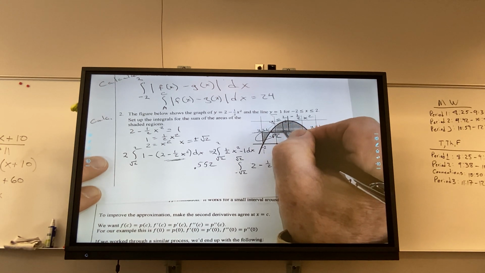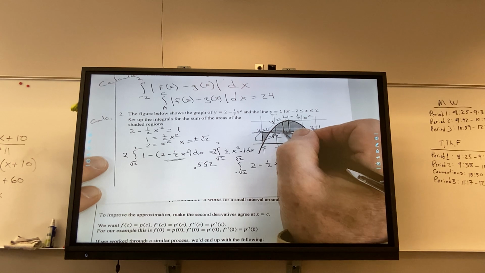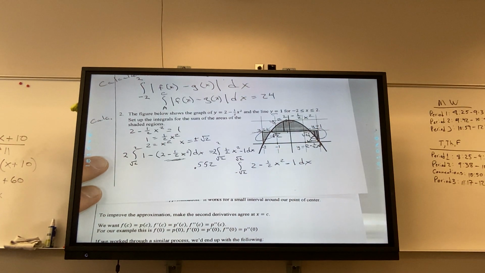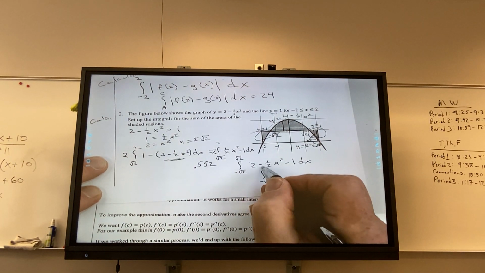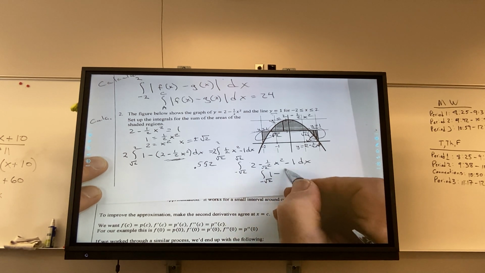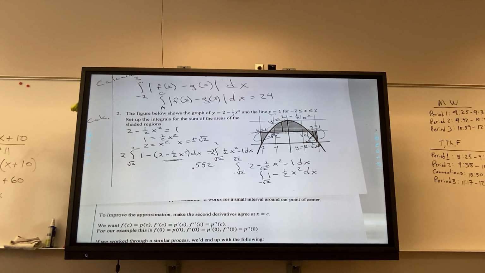My length right here is this y value minus 1. Yeah, I think that makes sense. Okay, good. And I can simplify it to this. Because 2 minus 1 is 1.